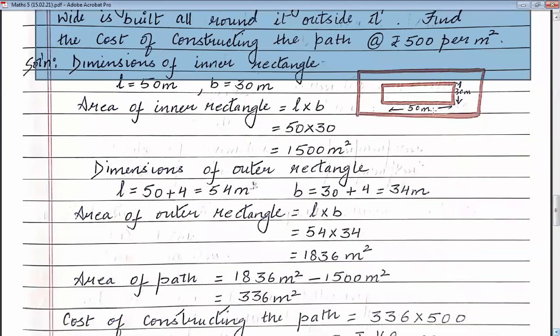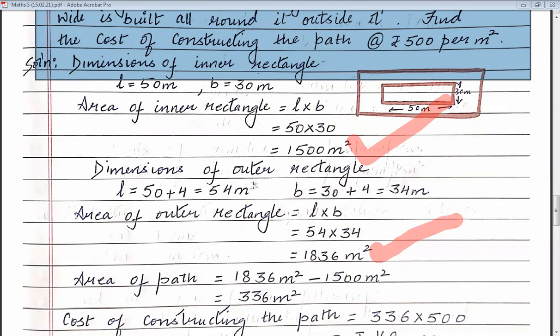So that will be L into B, and I just told you that the outer dimension will be here 54 meter, and here it will be 34 meter. Okay, so now let's multiply it and you will get the area as 1836 meter square.